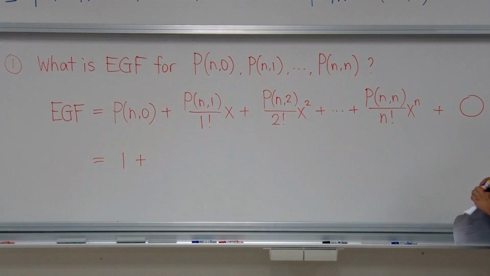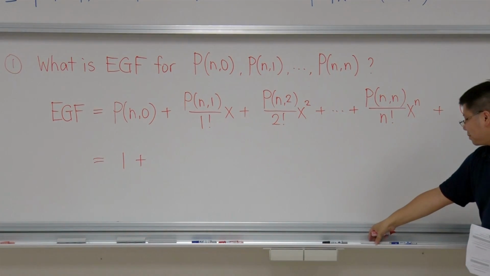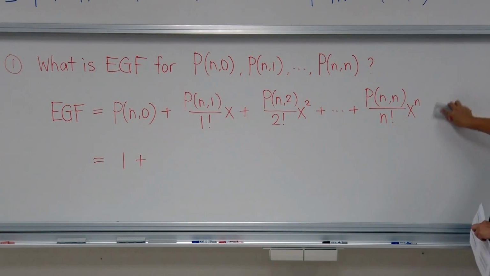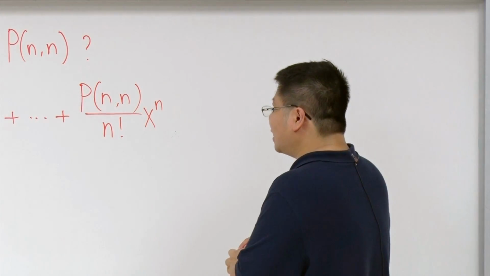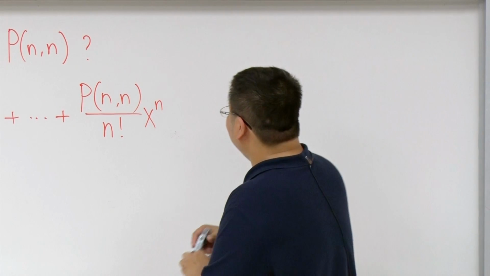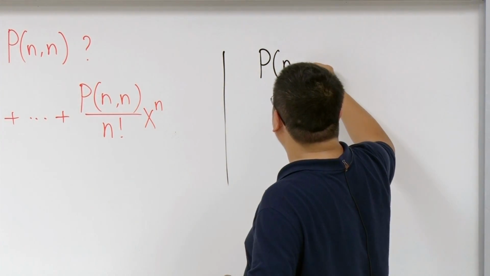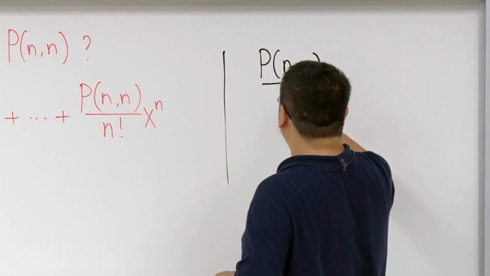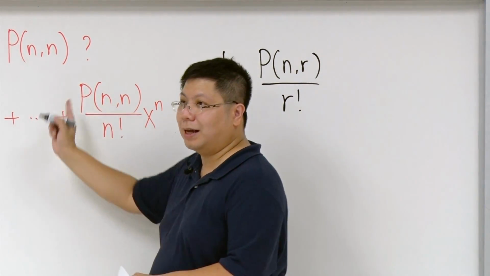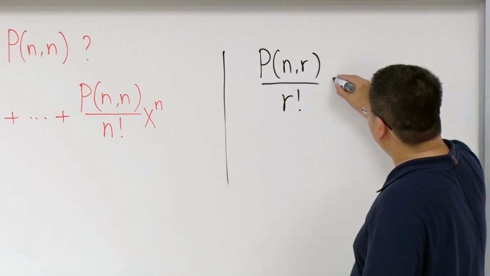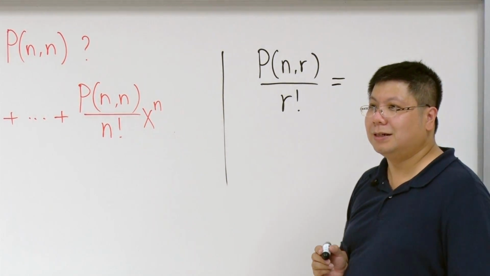All of the terms here are strange. So let's have a blackboard here for our calculation. In fact, we are looking for Pnr divided by r factorial. This is the general term here. Am I correct? What is Pnr? What is Pnr?